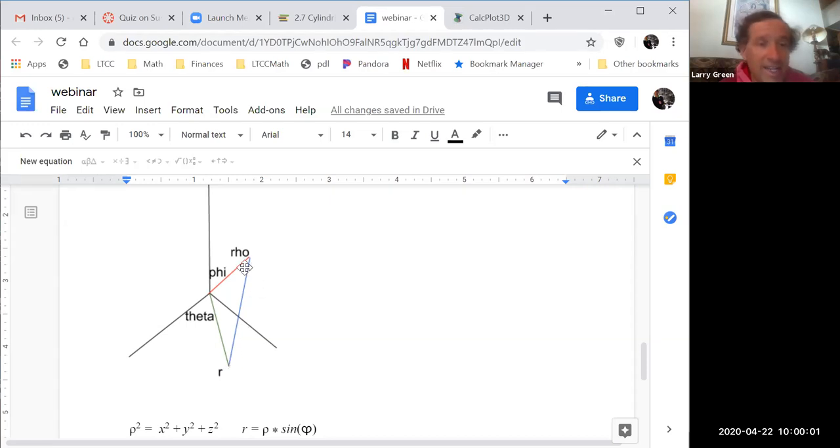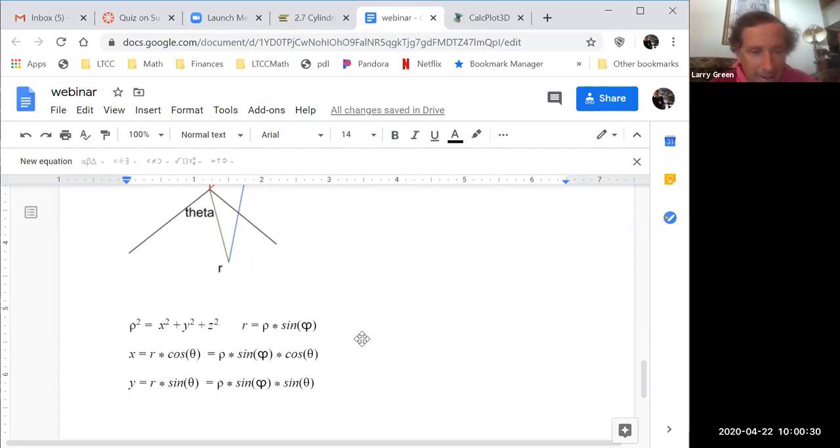The blue side now is the adjacent of phi. So the adjacent divided by the hypotenuse is equal to the cosine. So z is going to be rho times the cosine of phi.